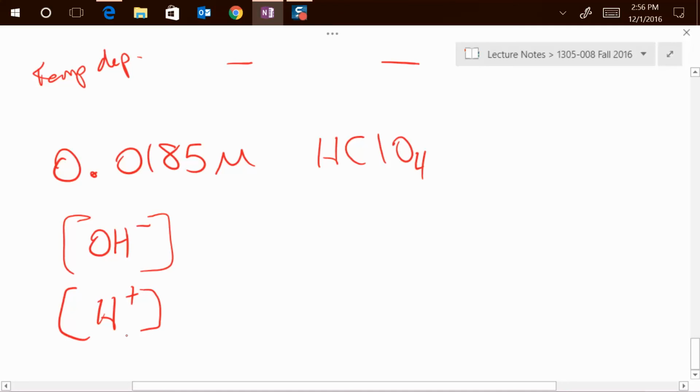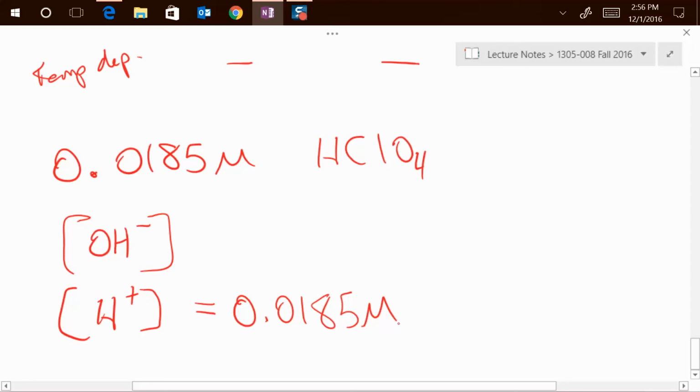Does this tell me the H plus ion concentration? Yes, it does. What is the H plus ion concentration? It's 0.0185 molar H plus.